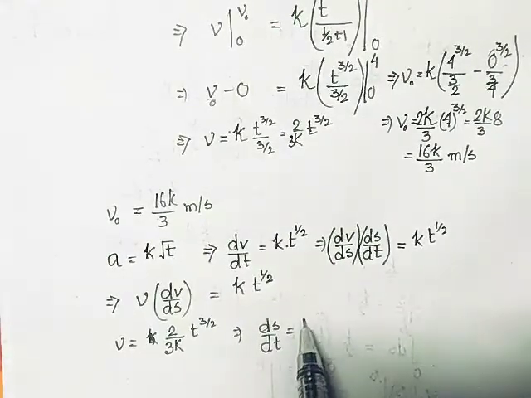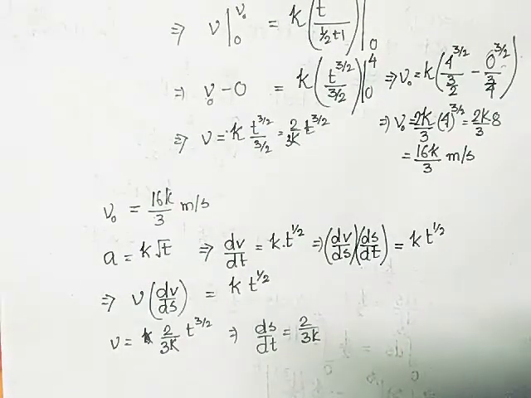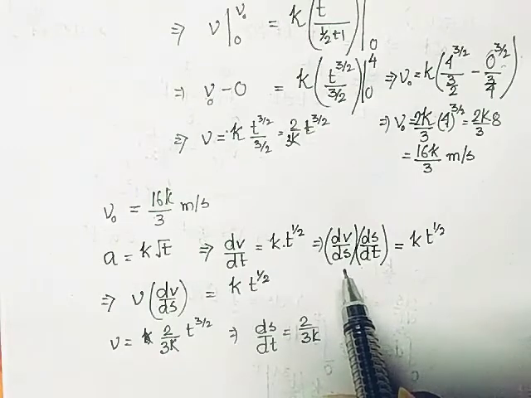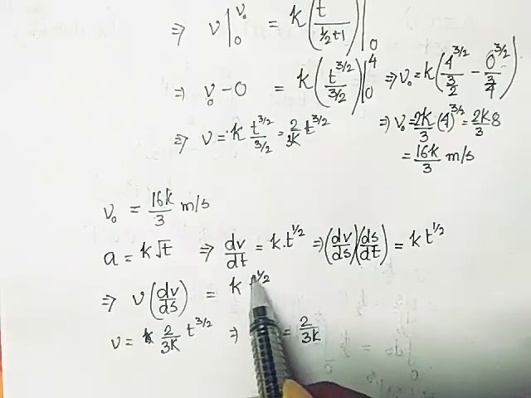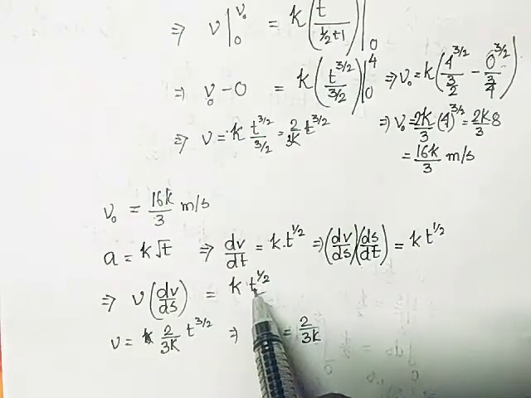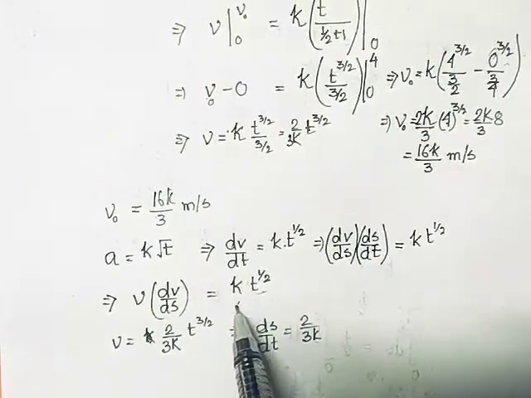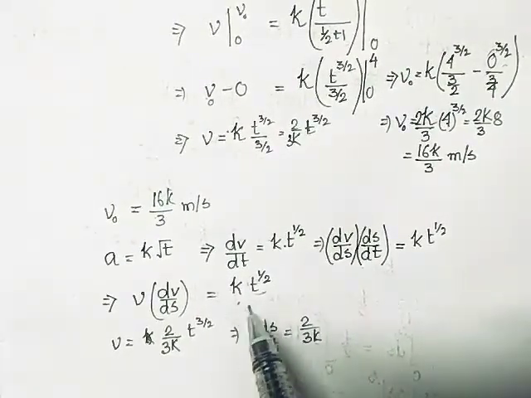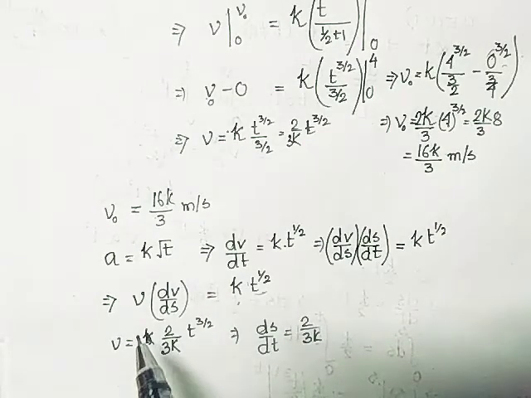One thing I am going to tell you here: using this method, you can also find out the displacement. If the term is a function of s or a function of v, and I continue this procedure, we will get a displacement that is a function of velocity and time, which is not desirable. Because at 4 seconds the velocity we have got is a constant.